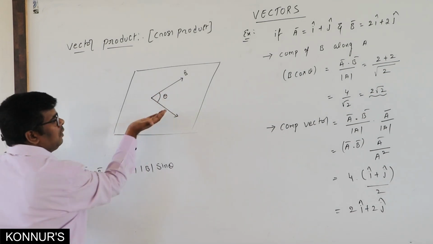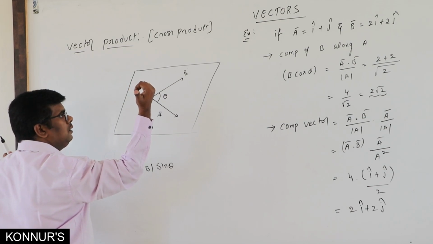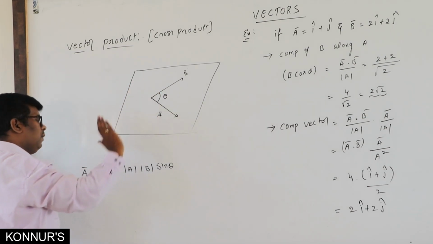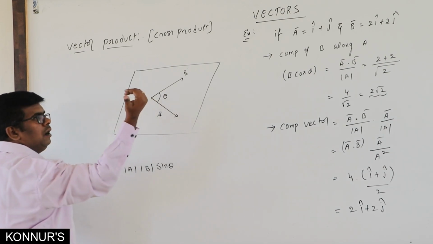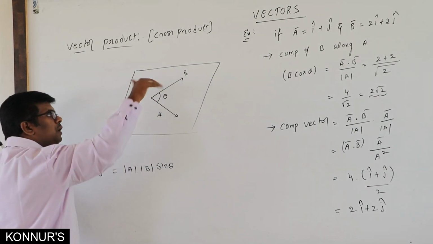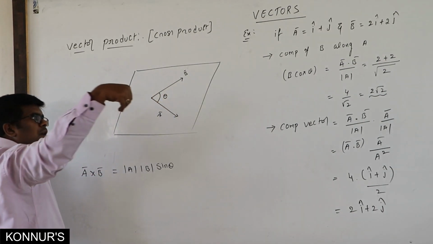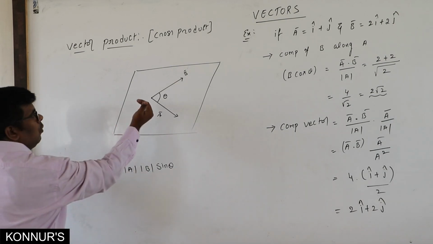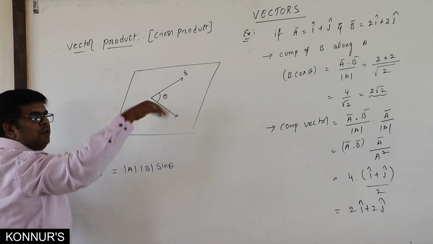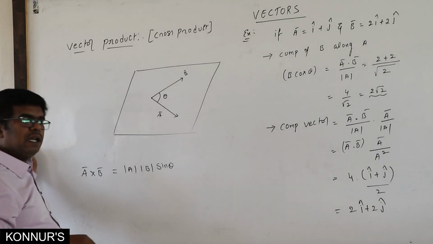So you just have to curl it from A to B. Then the thumb indicates the direction of A bar cross B bar, normally outwards. If you curl from B to A, then it will be normally inwards. So A bar cross B bar direction is outwards, B bar cross A bar direction is inwards. Both are the same in magnitude, but direction wise they are not equal.